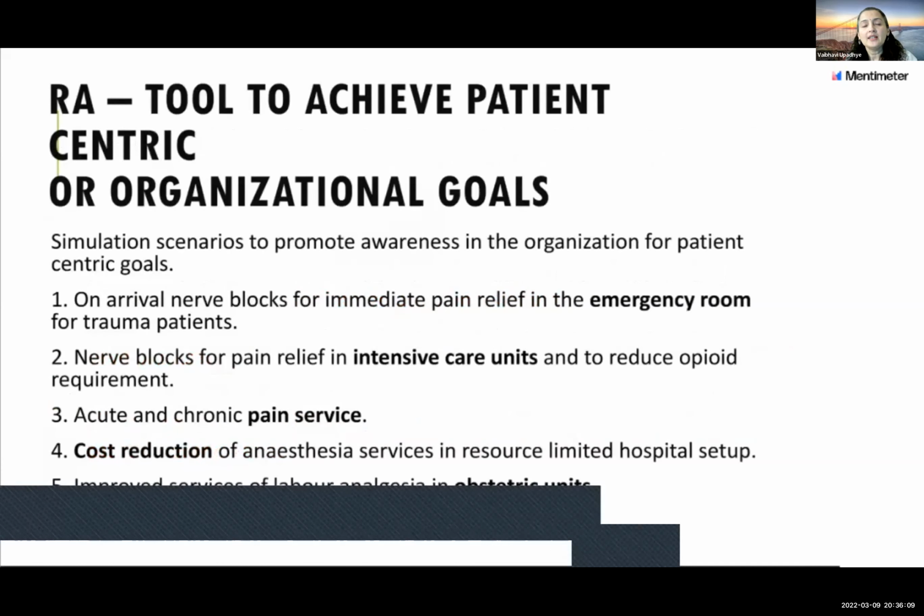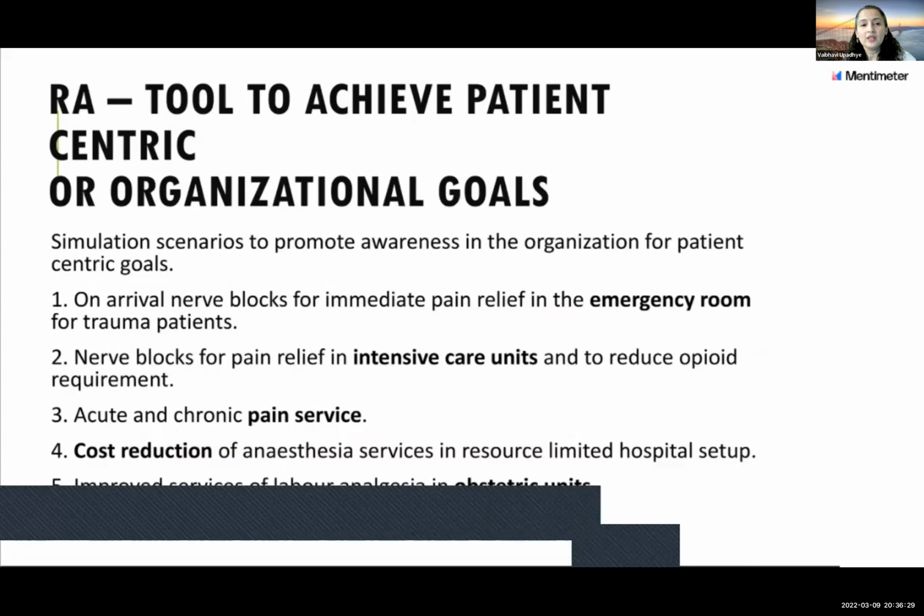Regional anesthesia also could be a tool to achieve patient-centric goals or organization goals by advertising or by making the other departments aware through simulation scenarios. They could be made aware of these modalities available for patient-centric goals.